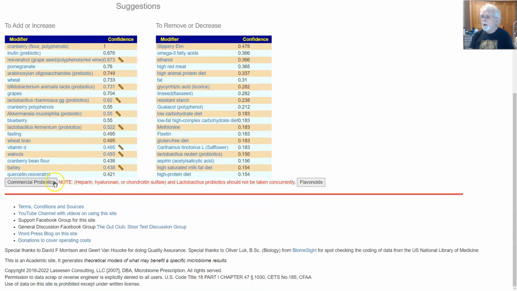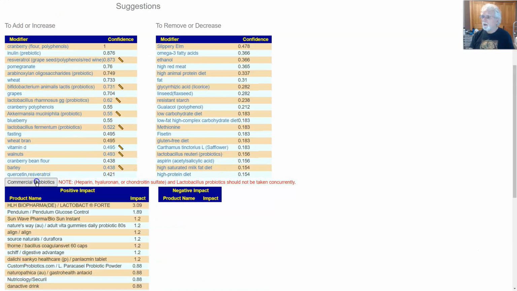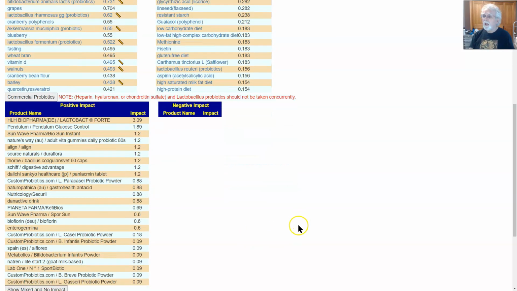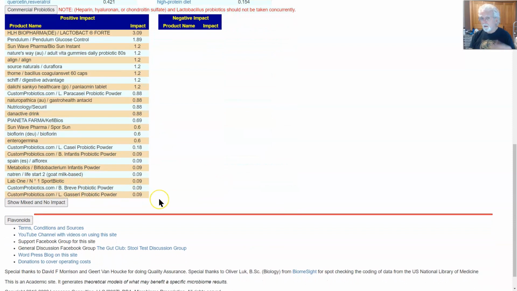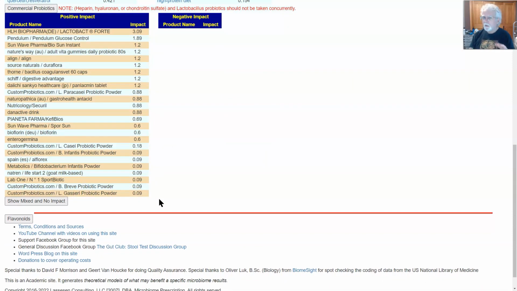You get the usual, but down here is commercial probiotics. Basically it uses a slightly different calculation process because we don't know what the perfect calculation method is, but it goes and does the best impact.